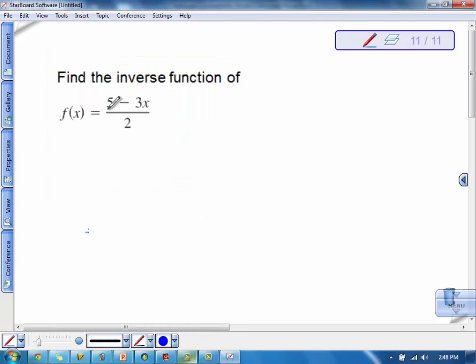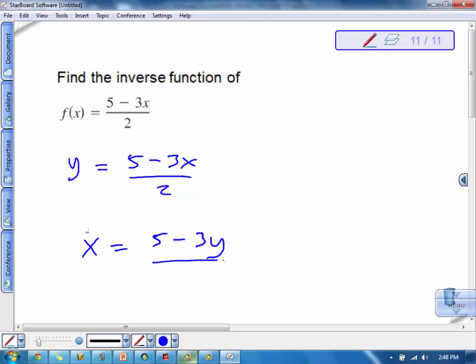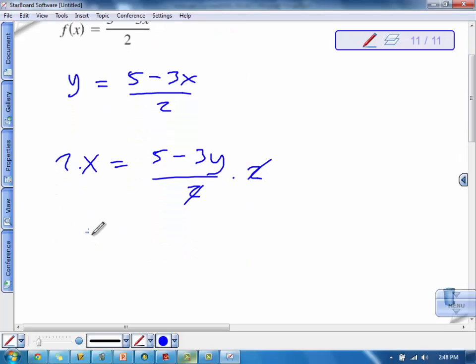All right, so here is another one. Let's find the inverse of this. To do that, we're going to switch x and y. So I'm going to call this y for f of x. And now I'm going to switch x and y, so I get x equals 5 minus 3y over 2. Now I'm going to solve for y. So I'm going to multiply both sides by 2. This gives me 2x equals 5 minus 3y. Subtract 5 from both sides.